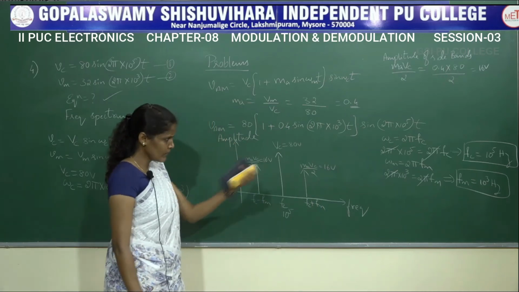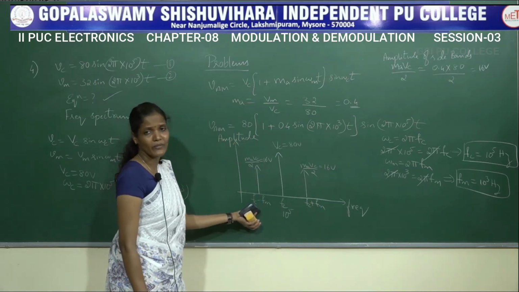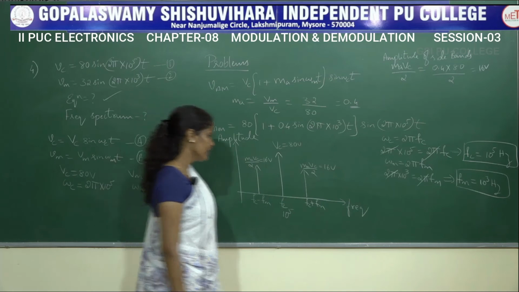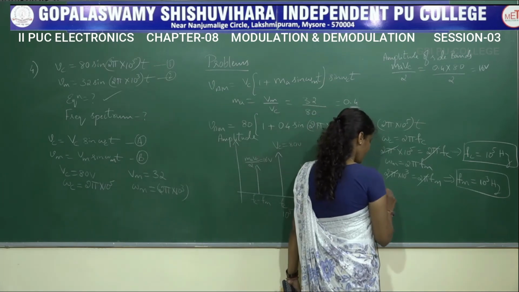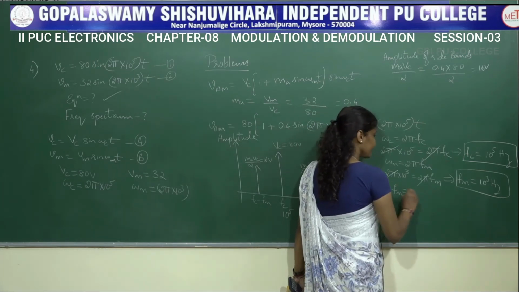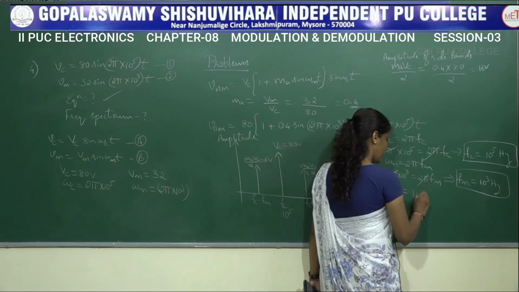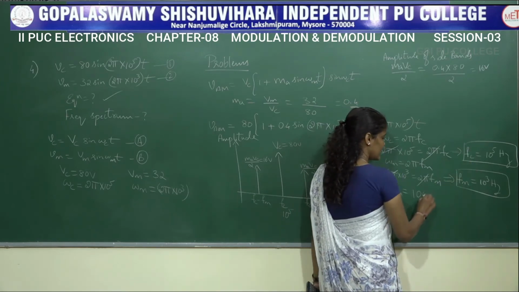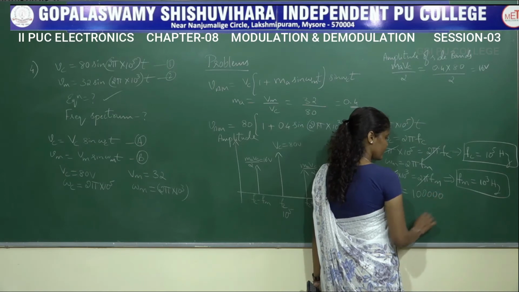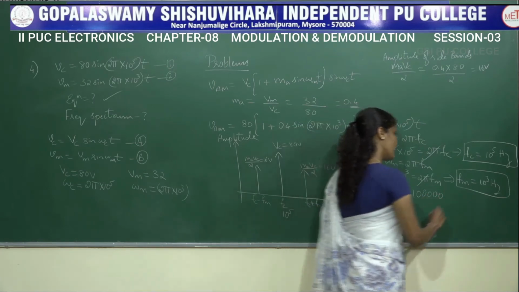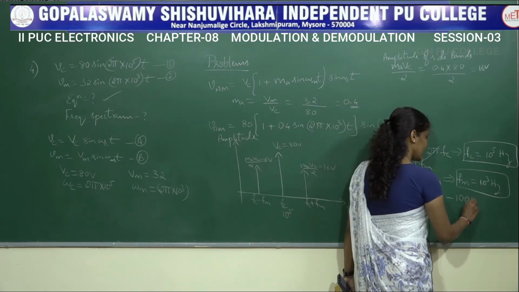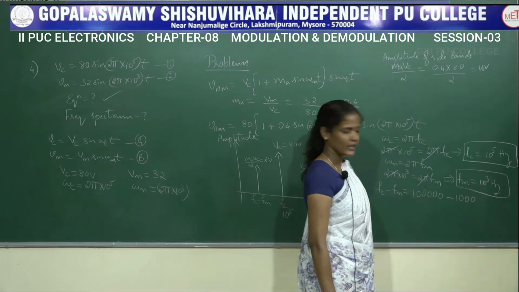But while calculating the lower sideband frequency and upper sideband frequency, fc minus fm, write fc fully as 10 to the power of 5, which is 100,000, minus 1000, since 10 to the power of 3 means 1000.